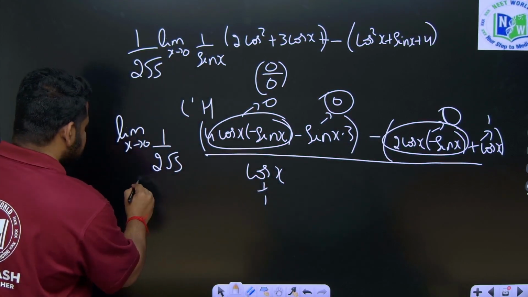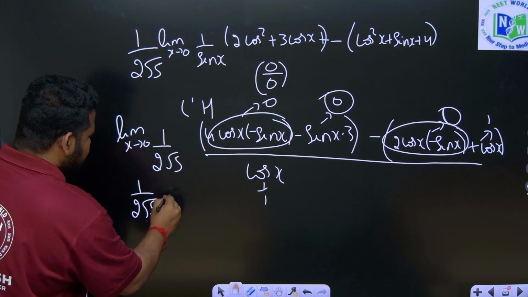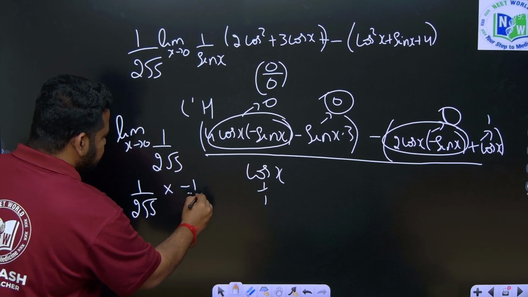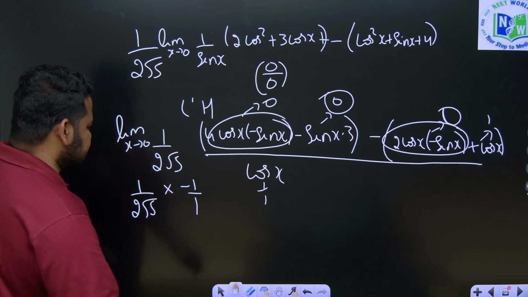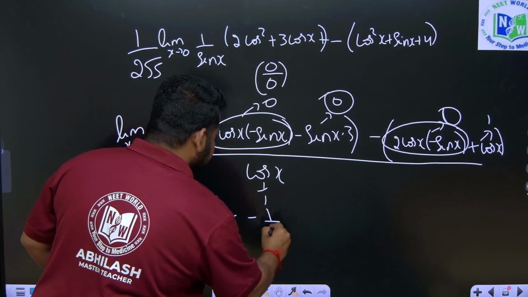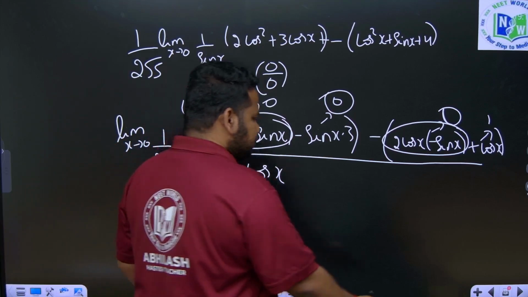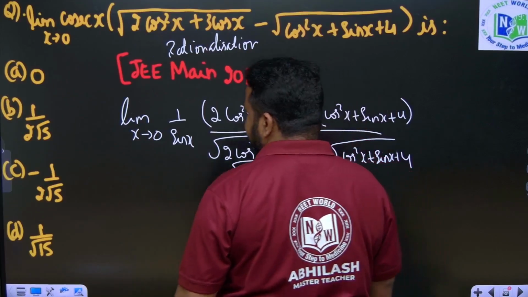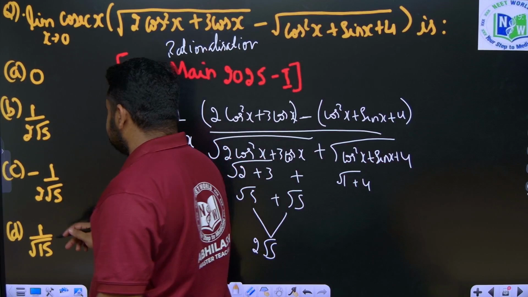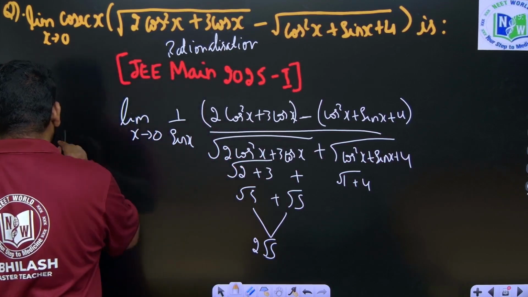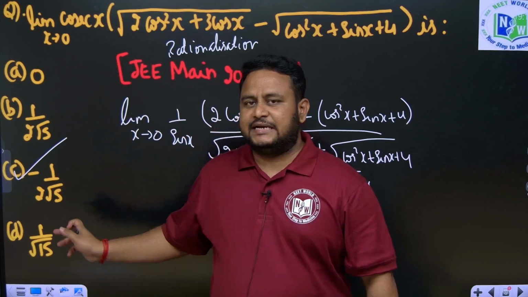So we will get 1 by 2 root 5 into minus 1 by 1. So the answer is nothing but minus 1 by 2 root 5. Which is the option, friends? It is minus 1 by 2 root 5, that is option C.